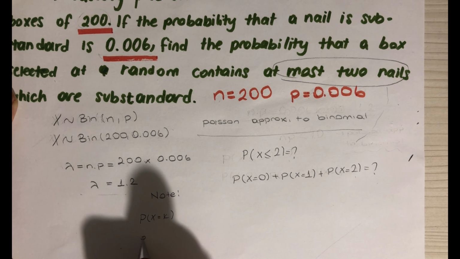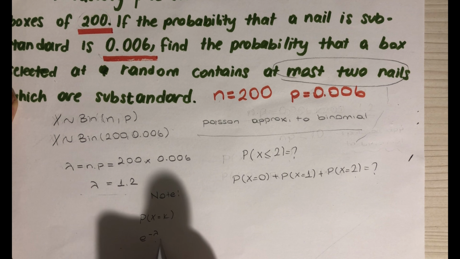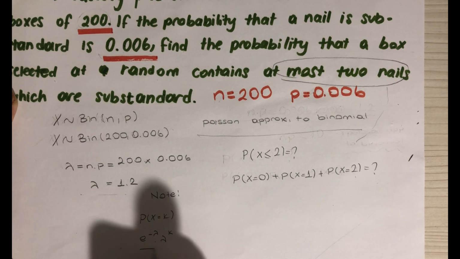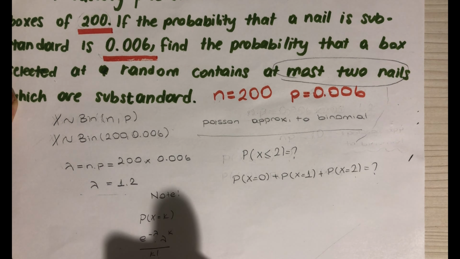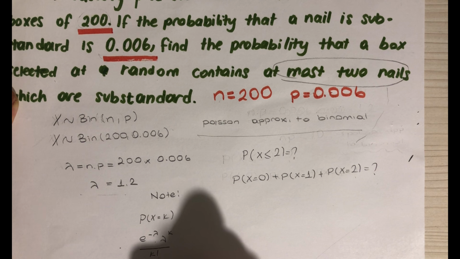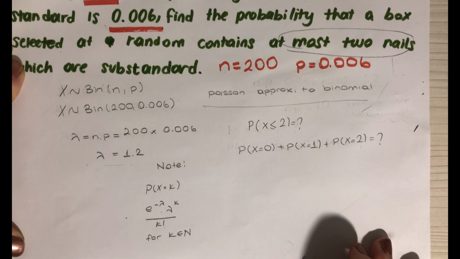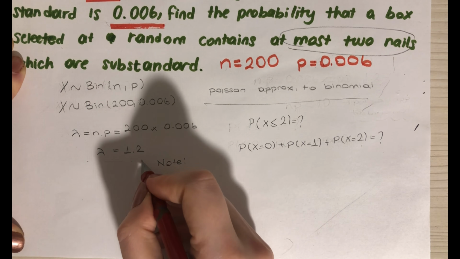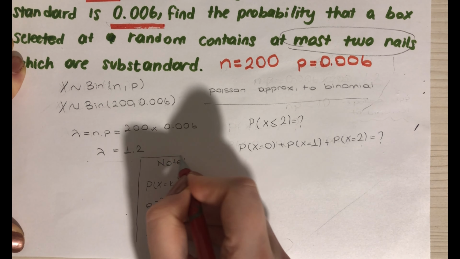And as a side note, I'd like to remind you that the Poisson distribution formula we use is e to the power minus lambda times lambda to the power k, or in this situation it would be x, divided by x factorial.